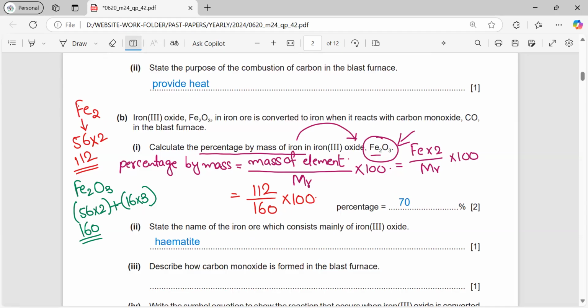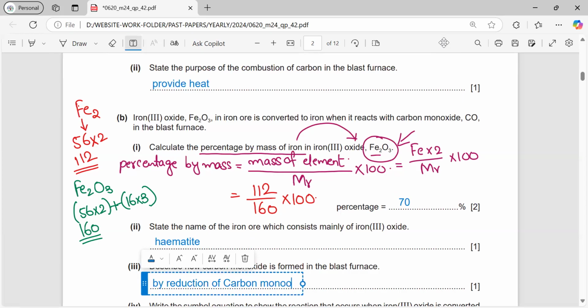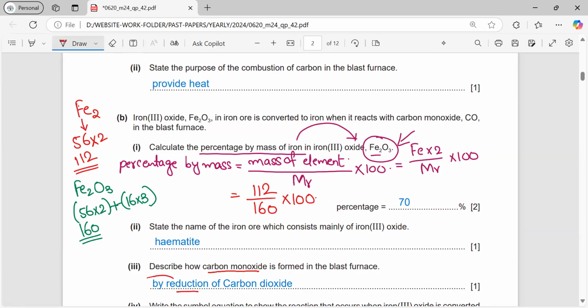Now, carbon monoxide is formed in the blast furnace by the reduction of carbon dioxide. See, when we reduce carbon dioxide, reduction means removal of oxygen.